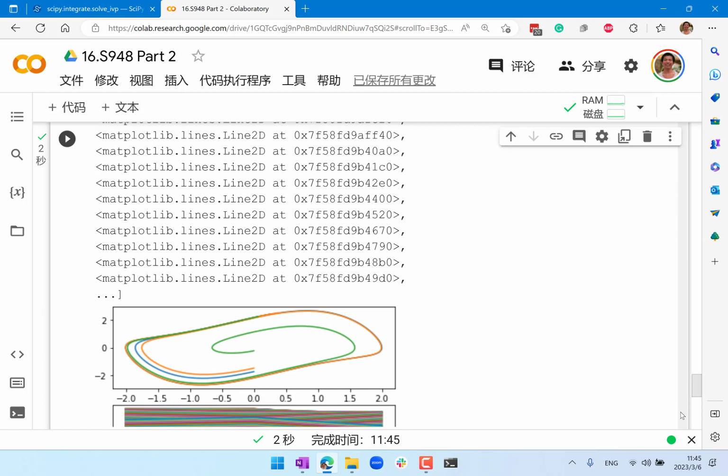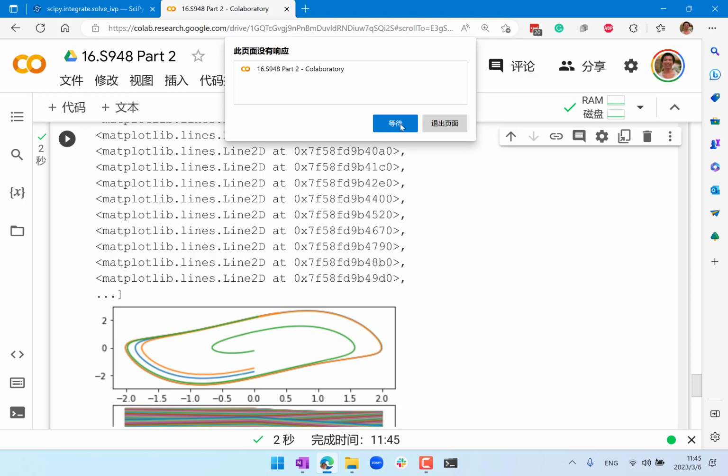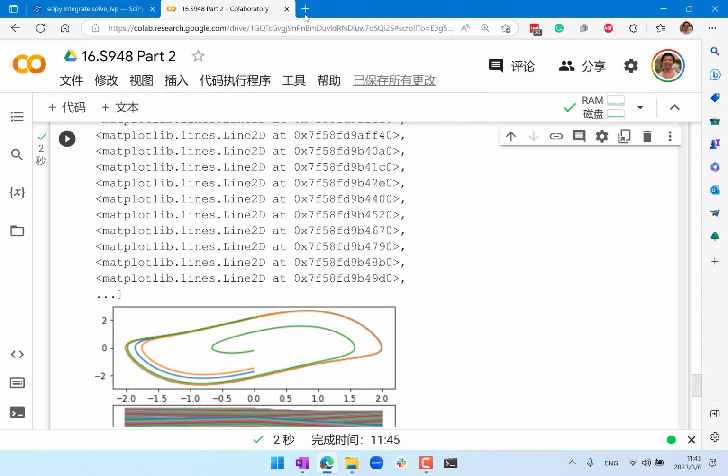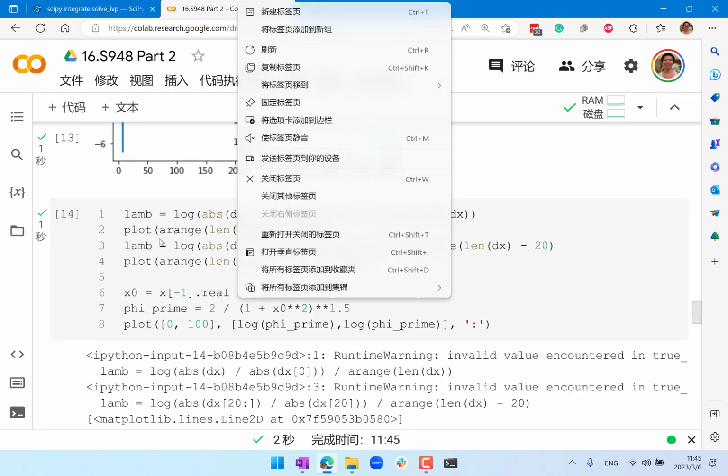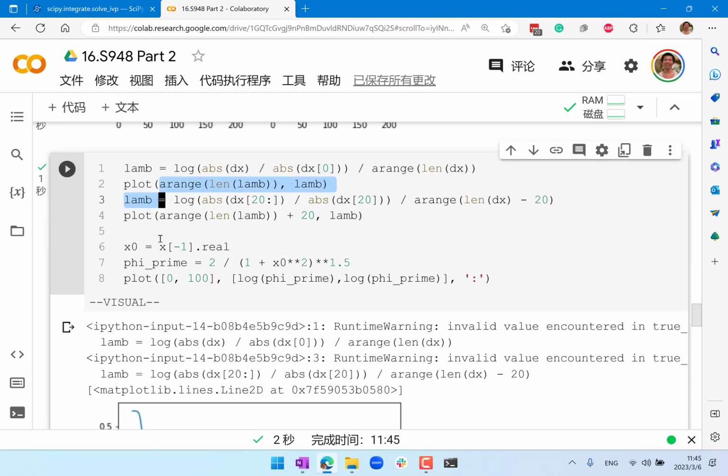I think I need to transpose that for it to work. The browser is not responsive anymore, so maybe... Okay, got it back.